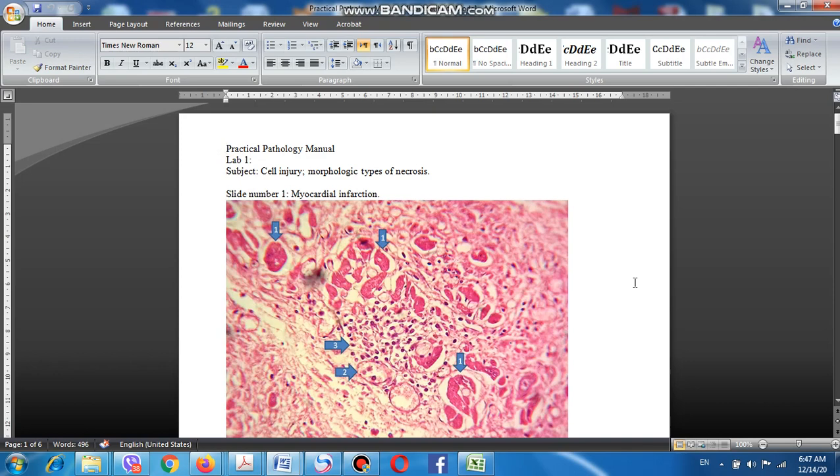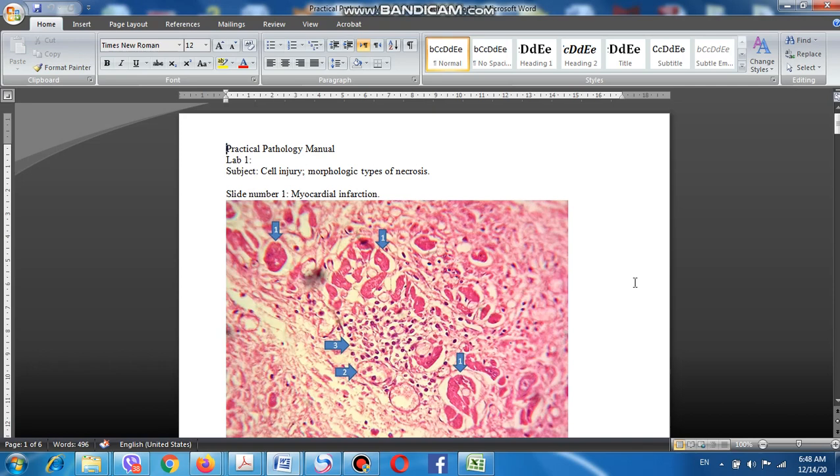Whenever coagulation of proteins happens rapidly, more rapidly than the lysosomal activation, this will lead to coagulative necrosis and is classically seen in myocardial infarction. The classical example of coagulative necrosis is myocardial infarction.